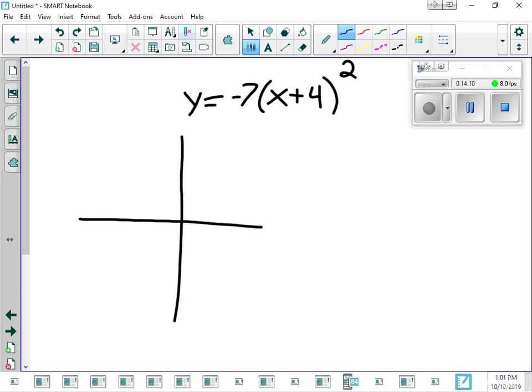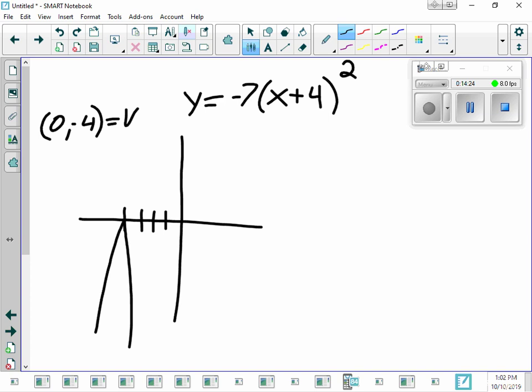So we're going to go left, 1, 2, 3, 4, and this one is super tall, and it's upside down. So the axis of symmetry, or sorry, the vertex would be 0, -4. Oh my goodness, that's not right. -4, 0. And then the axis of symmetry is x equals -4. Okay. One more.